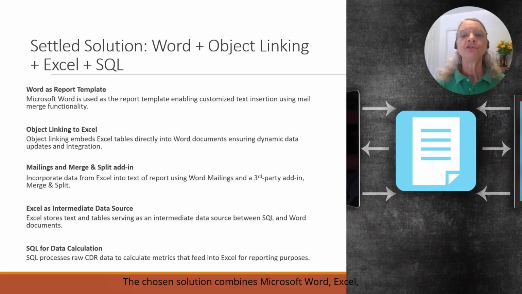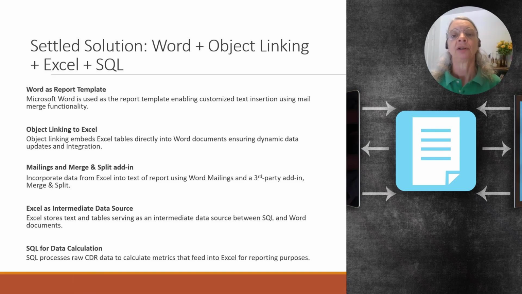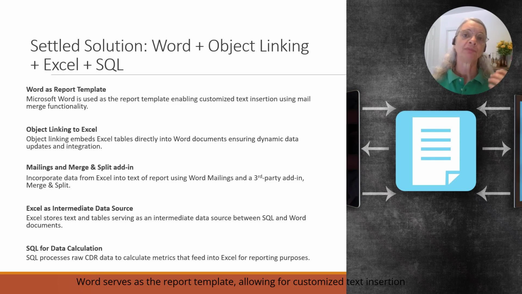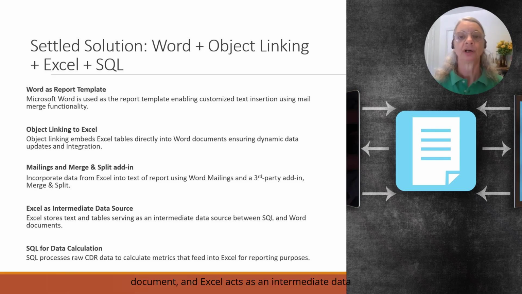The chosen solution combines Microsoft Word, Excel, and SQL Server with object linking and mail merge functionalities. Word serves as the report template, allowing for customized text insertion via mail merge. Object linking enables us to embed an Excel table directly into the Word document.